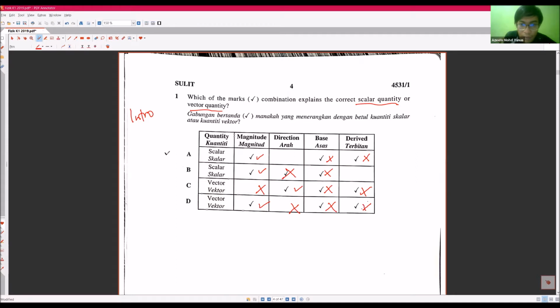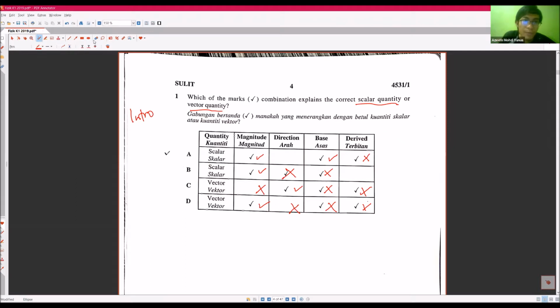Derived is also wrong. So here we see that the question really doesn't ask us what the specific scalar quantity is going to be. But what we can do here is, actually, all base quantities are scalar quantities. So we can make it right here, but it doesn't mean that all derived quantities are scalar quantities.